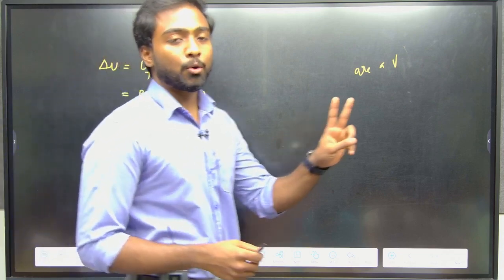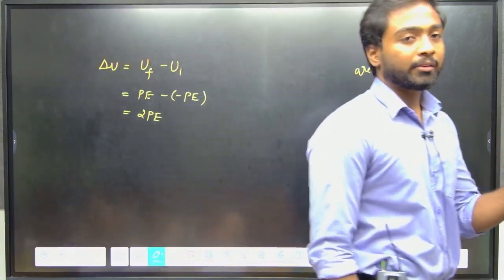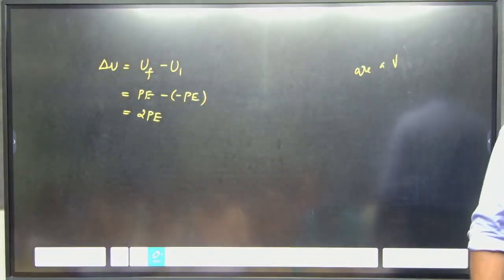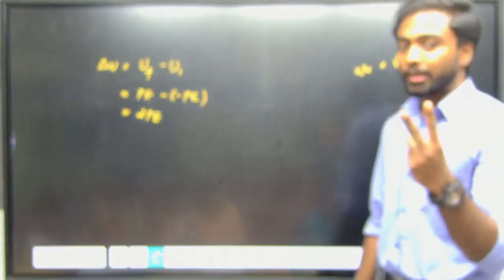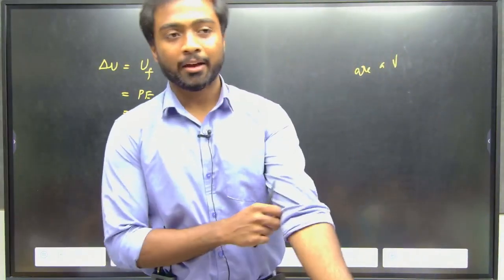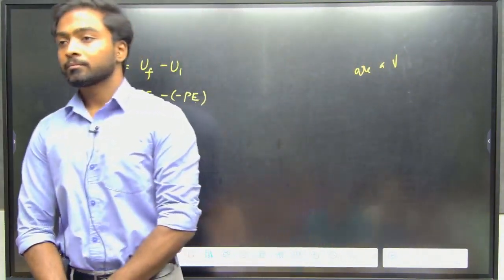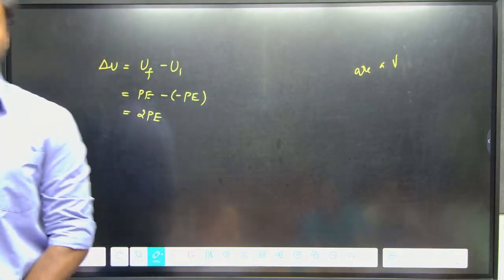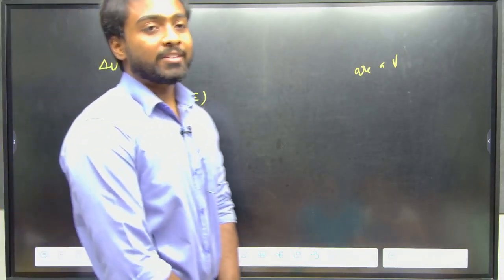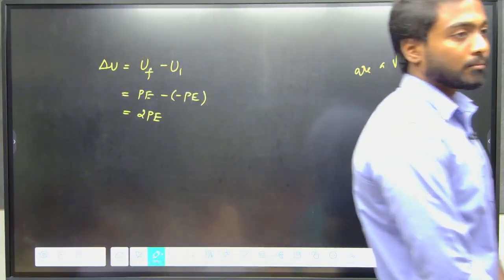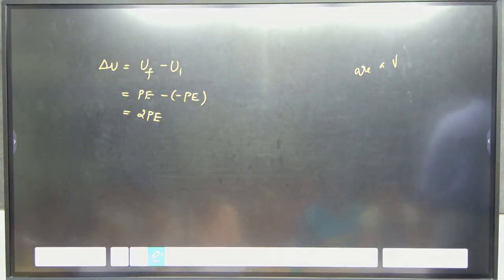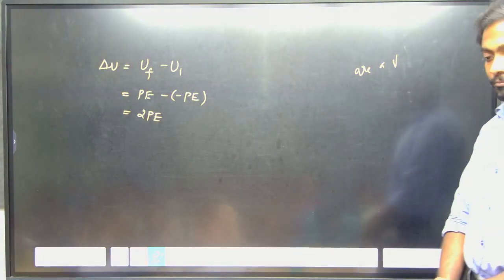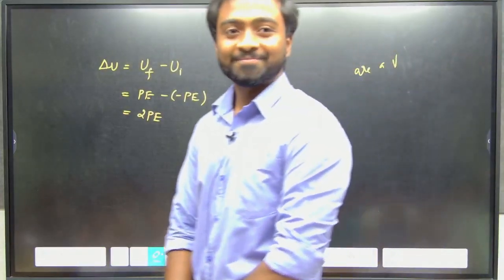So in the morning I told two things: for positive, it is outward, and for negative, it is inward. Draw the diagram. It has no physical existence; it's purely imaginary.